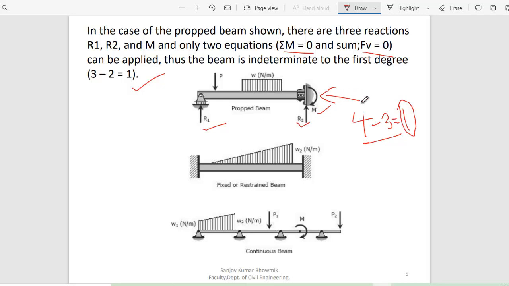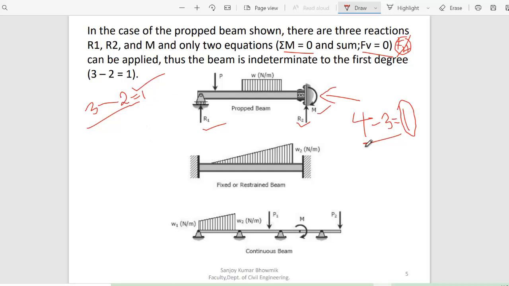Since there are no horizontal forces, summation of FH is missing here. So you have 2 available equations and 3 unknowns. So it becomes 1. Do you understand? So the degree of indeterminacy is also 1.